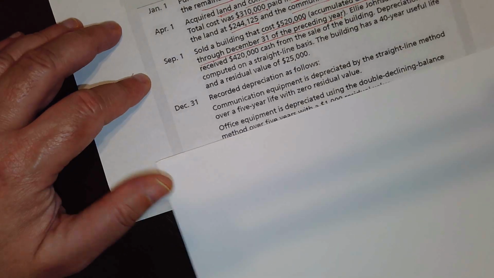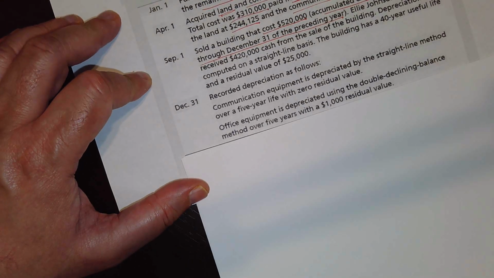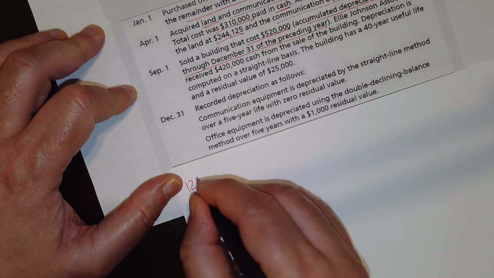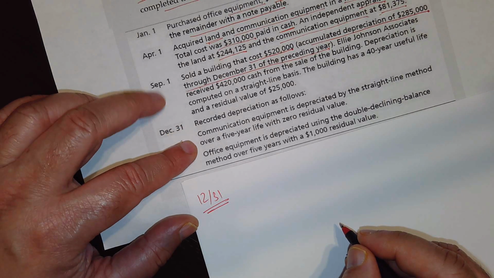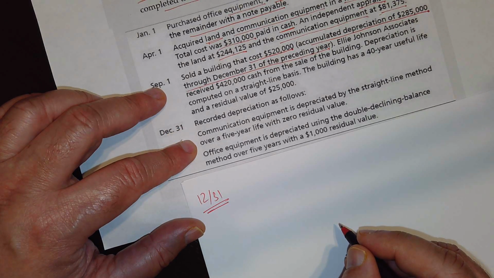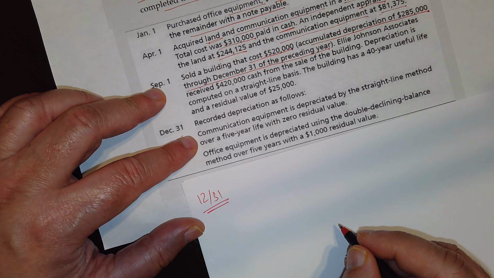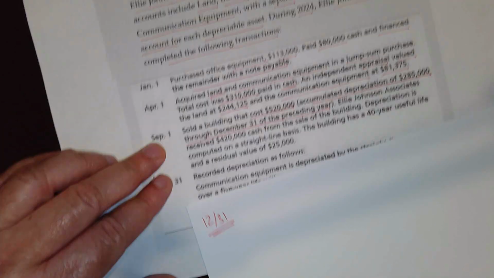Now we're going to do another transaction, which is on December 31st. It says recorded depreciation as follows. Communication equipment is depreciated by a straight line method over a 5-year life with zero residual value.